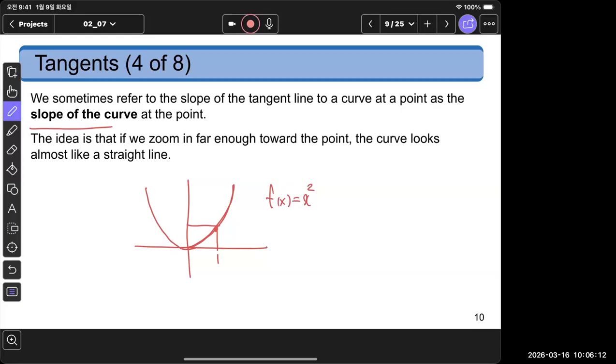This 2, we sometimes say that is the slope of this function at this point P at (1, 1), or sometimes we just say when x is 1. That's what we sometimes say in math.